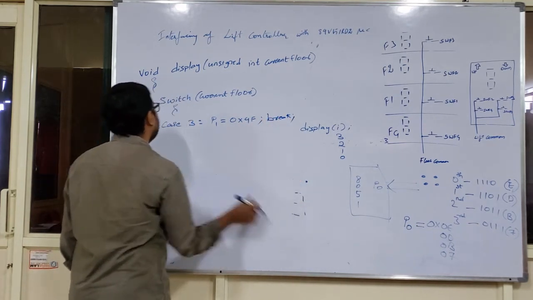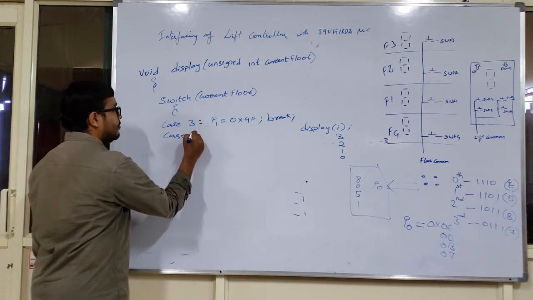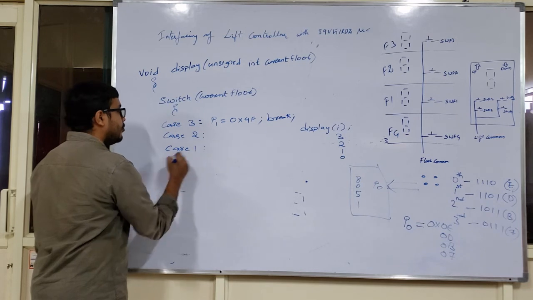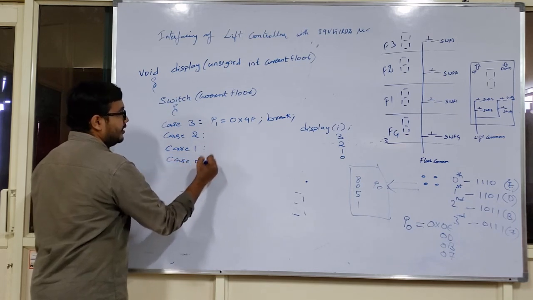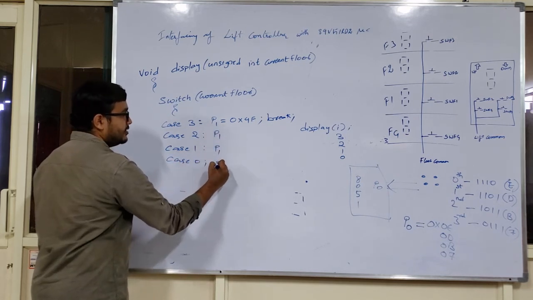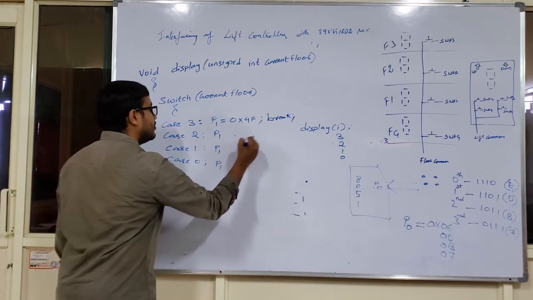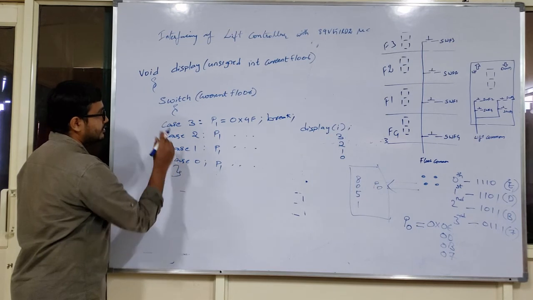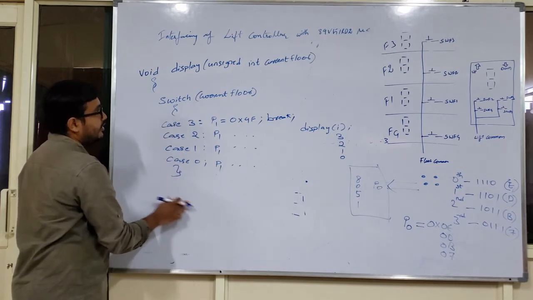The remaining is your job to complete: the corresponding P1 values of case 2, case 1 as well as case 0. So all the things are completed, and let me close the switch.